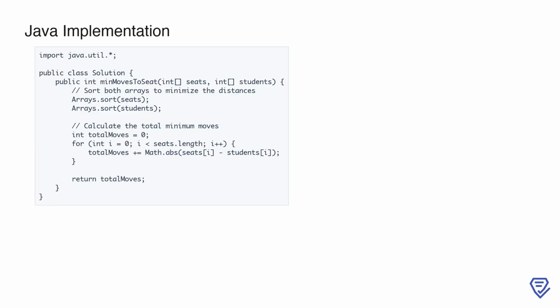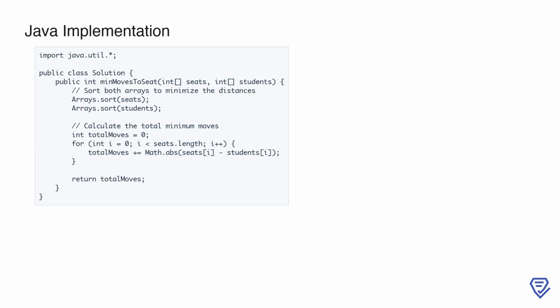The logic is equivalent to the Python solution, where both arrays, seats and students, are sorted to minimize the total distance. The main difference lies in Java's syntax, such as using Arrays.sort for sorting and type declarations for variables. The method calculates the sum of absolute differences between corresponding elements in the two sorted arrays, resulting in the minimum number of moves.